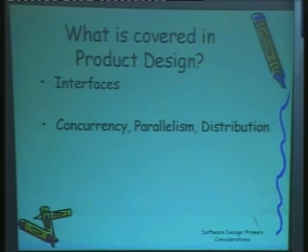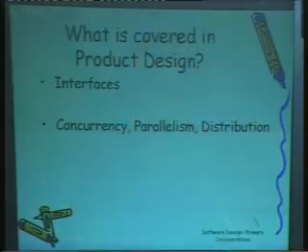Then these are other important considerations. Concurrency, design of your concurrent activities. Which are the concurrent activities in your software? Are they also parallel? Is there distribution? How are you going to distribute? What kind of architecture do you have for your system?